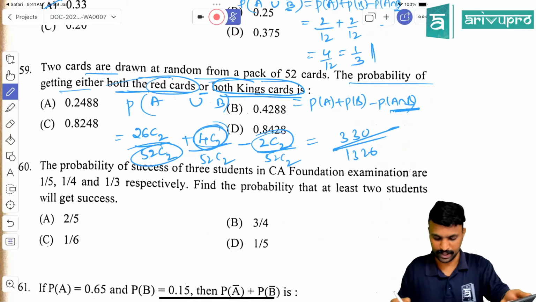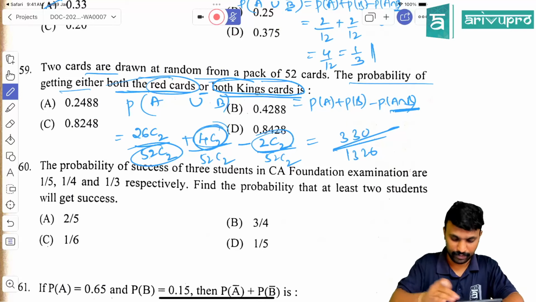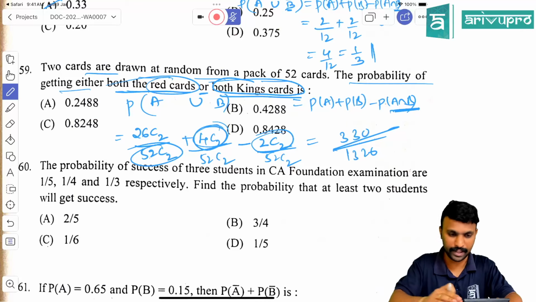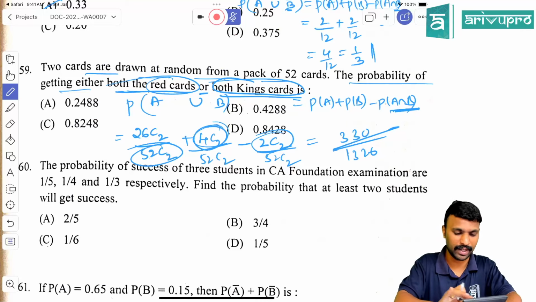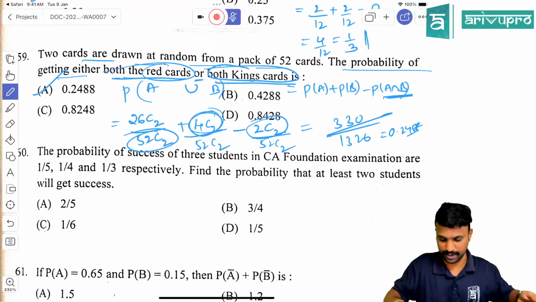So it is 330 only. Denominator is 52 into 51 divided by 2. It is 1326. And the result is 330 divided by 1326. You get 0.2488. So option A is the right answer.